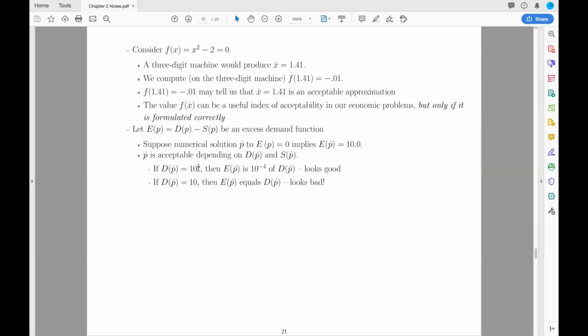Well, that's pretty good. You're off by 10 in a market where there's 10,000 units. On the other hand, if the demand function at P hat is 10, then the error of 10 is not good. So it's a matter of the magnitude of the error relative to demand and supply. For simple demand and supply problems, that's what you can do.